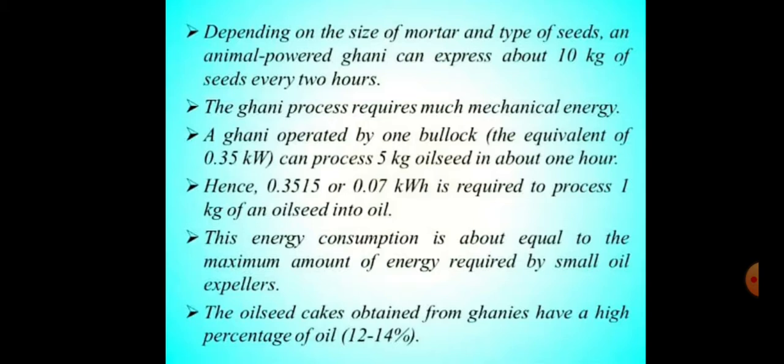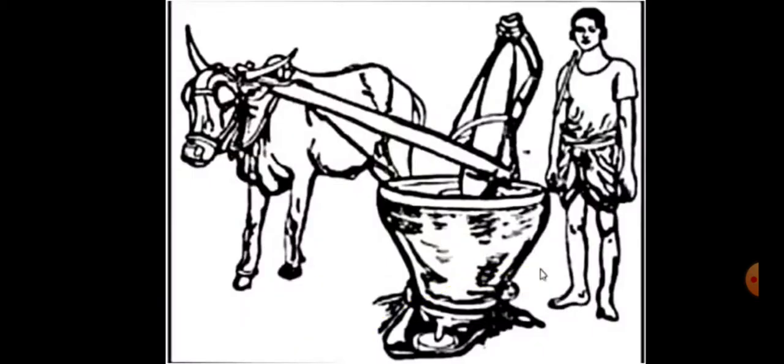The cakes obtained from the ghanis have a high percentage of oil, that is 12 to 14%, as driven by animal energy. So the mortar, which is very large in size, is fixed to the floor, and the pistil is attached to one bullock.